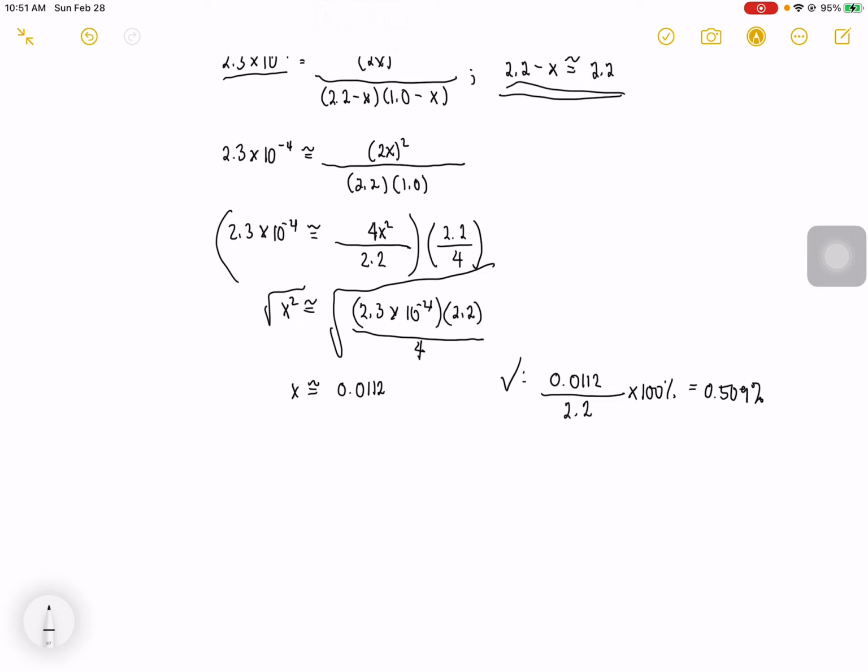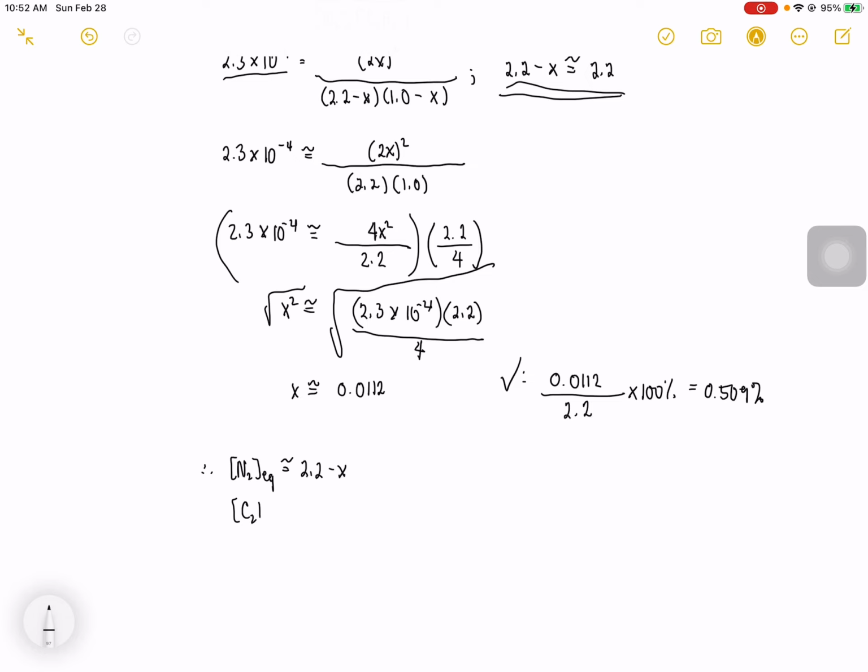So with that already done, we can now confidently accept the value of x that we have, and we are now ready to solve for the equilibrium concentrations of our chemical species. For nitrogen, its equilibrium concentration is going to be approximately equal to 2.2 minus x.